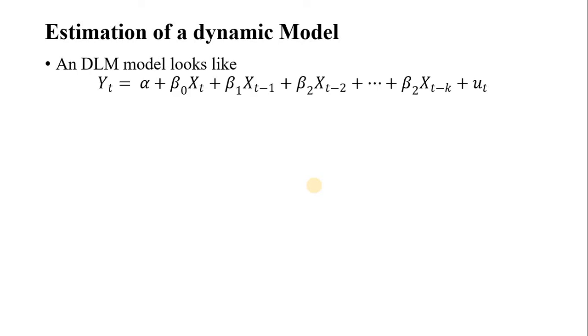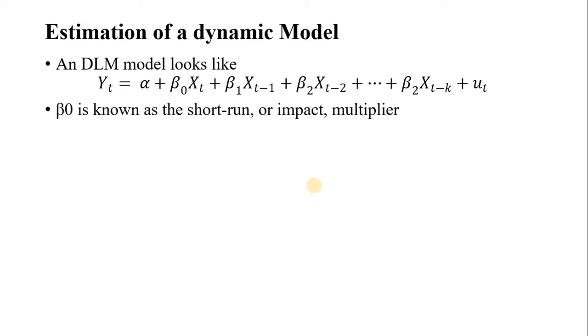So there are certain issues associated with these models. Let me take the distributed lag model first, then we will discuss the autoregressive model. A distributed lag model looks like Yt = alpha + beta 0 Xt + beta 1 Xt-1 + beta 2 Xt-2 up to beta k Xt-k + ut. This is an example of a distributed lag model.